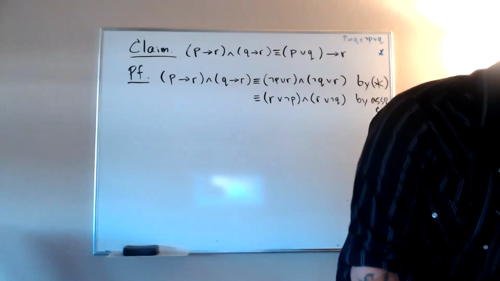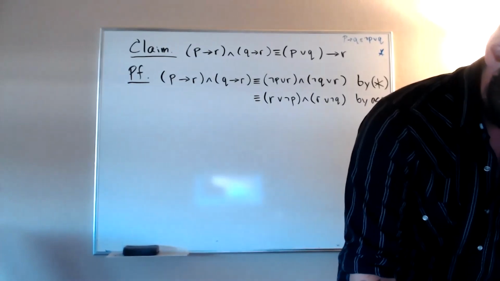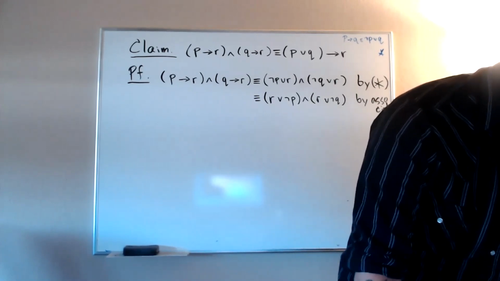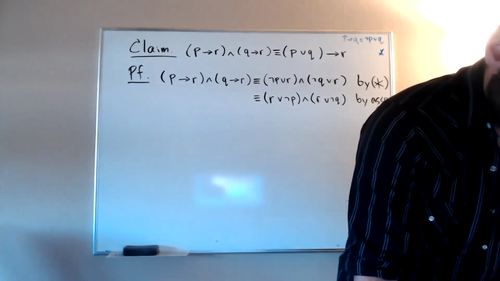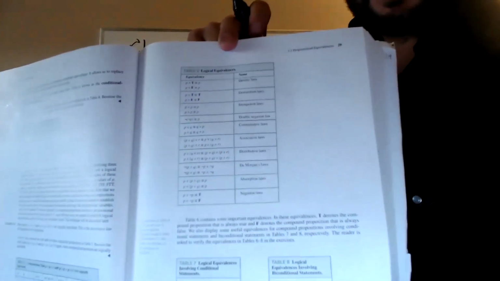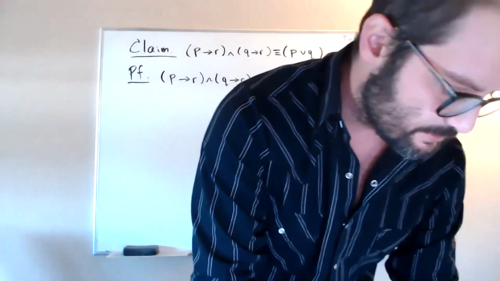If you had been using the Rosen textbook that I posted a link to, there should be a table that looks like that somewhere in your textbook, and if it's not in your textbook, then it will be in the Rosen book.